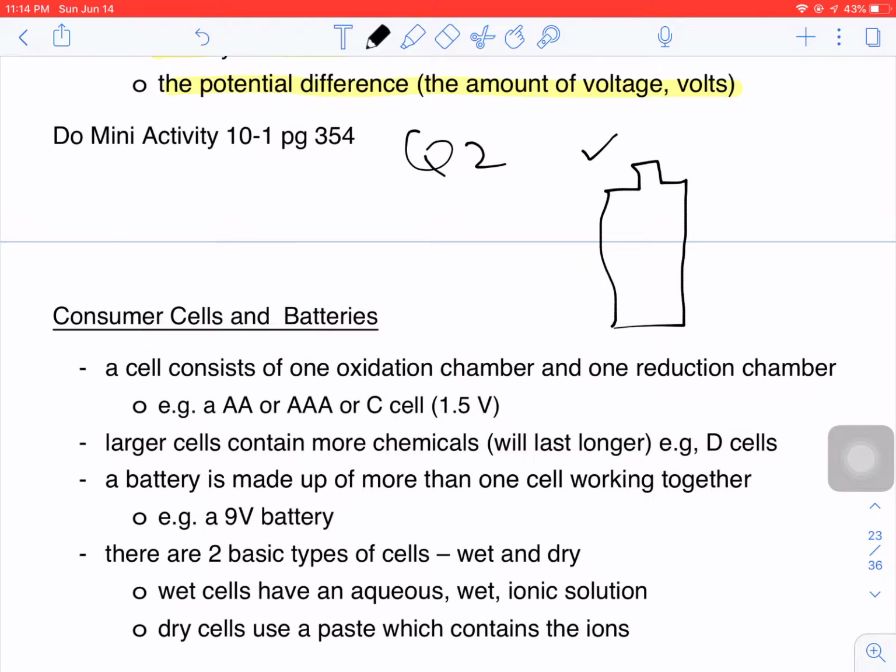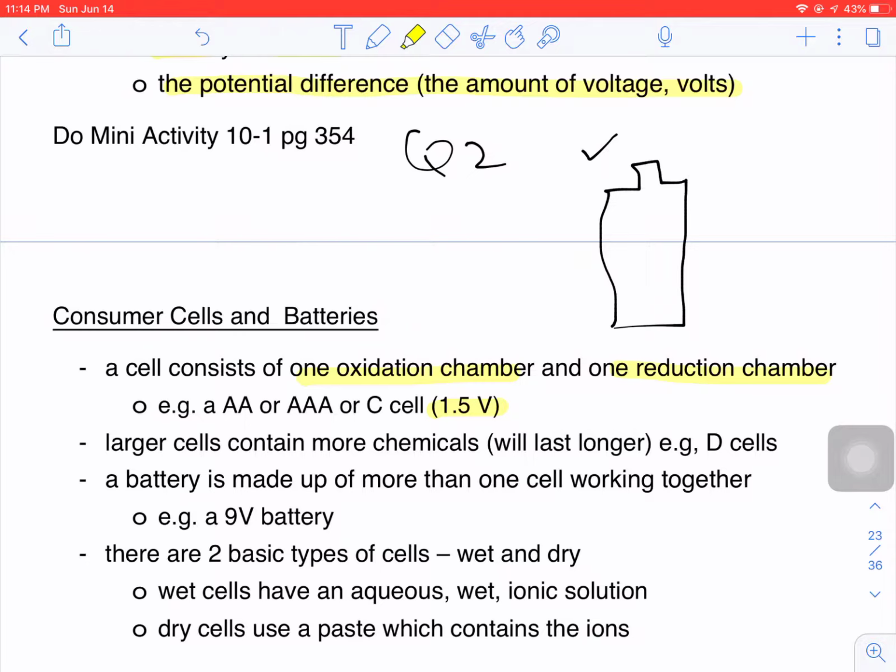So I have two chambers inside here, an oxidation chamber and a reduction chamber, right? And the difference between the electrons leaving the oxidation chamber, LEO, and going into the reduction chamber, GER, is the potential or voltage that we're going to get.